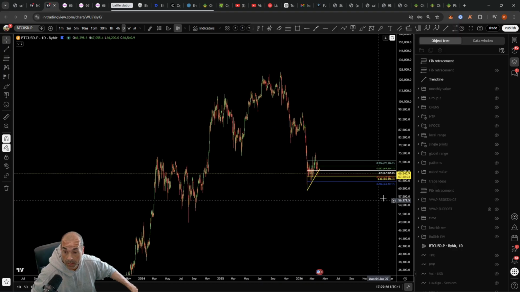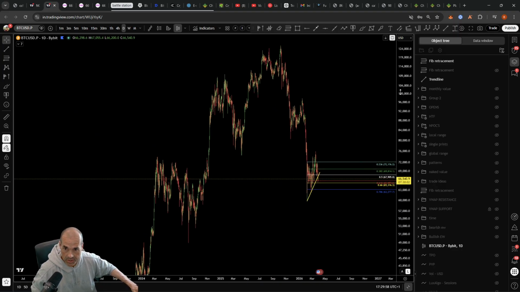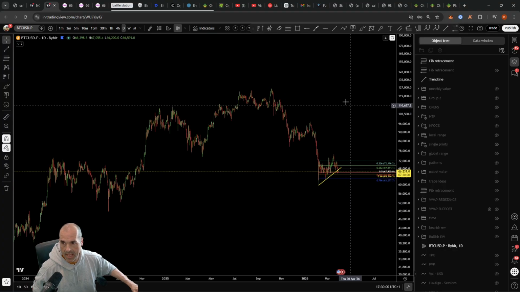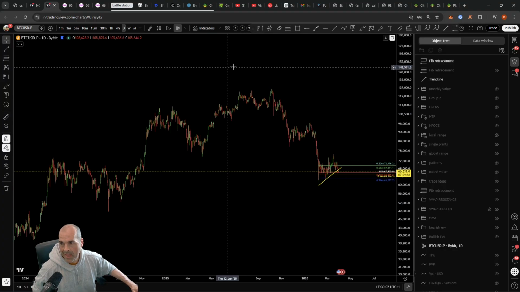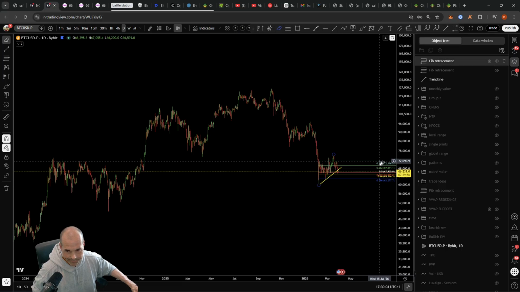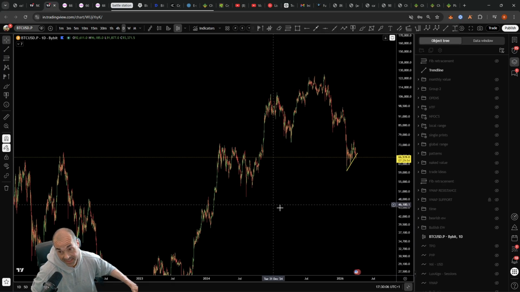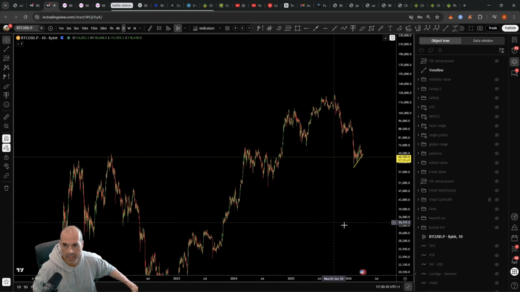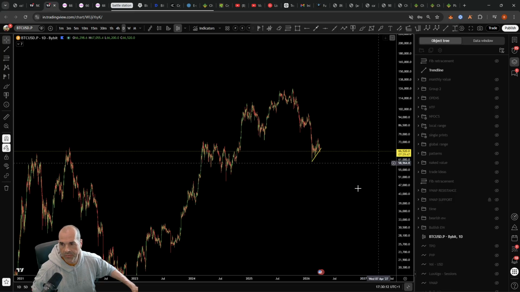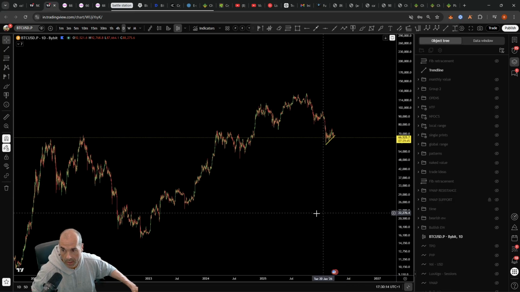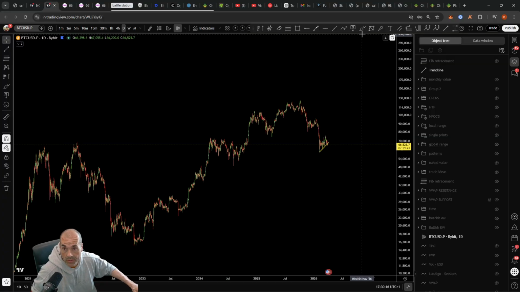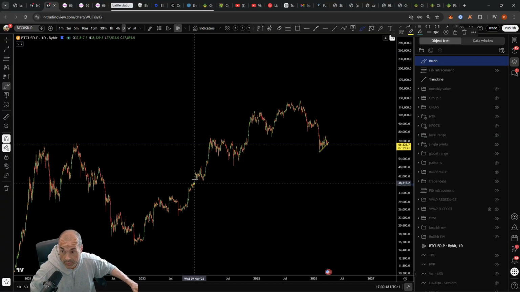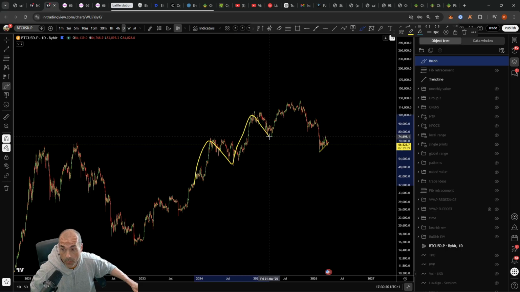So here's what we're looking at on Bitcoin. I just wanted to go through a little bit of Elliott wave analysis. Now, I'm not really super into Elliott waves, they seem to sometimes be magic and sometimes very confusing. So what am I looking at? Basically, five waves traveling, 1, 2, 3, 4, 5.